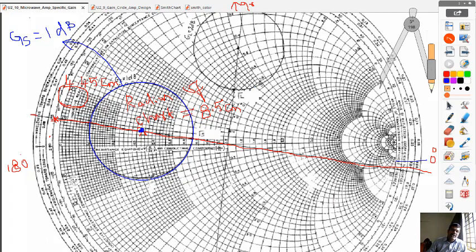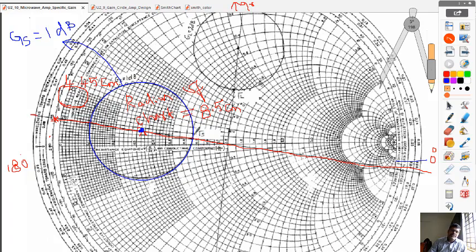Once we draw the constant gain circle, we can choose any point over the circumference of the circle as the required gamma S. But it is a best practice to choose the gamma S which is very close to the center of the Smith chart in order to have a good matching and to avoid much problem of designing the matching network at the corresponding source.